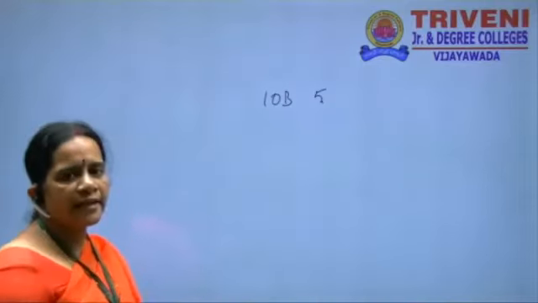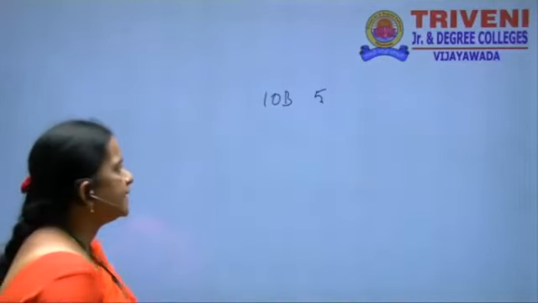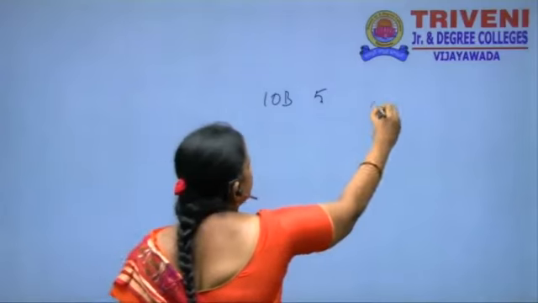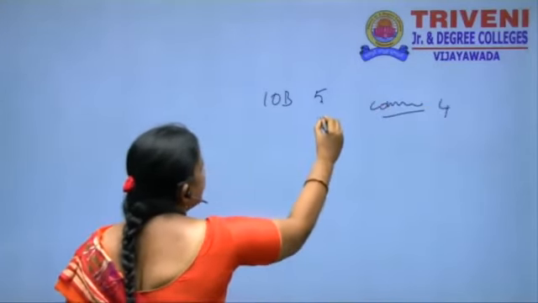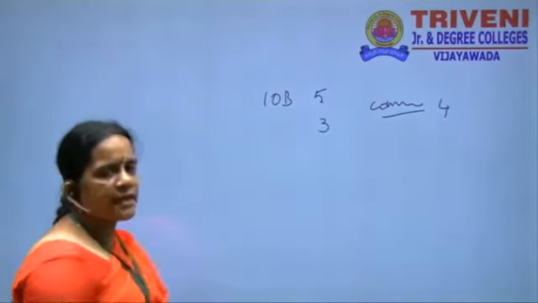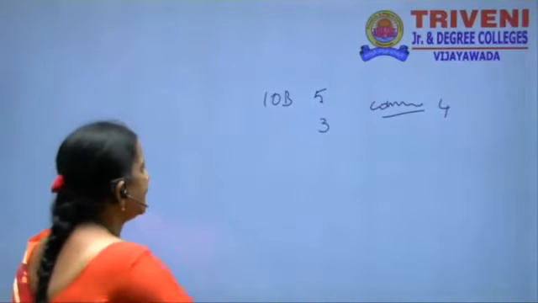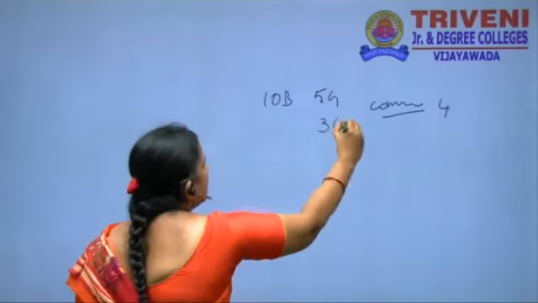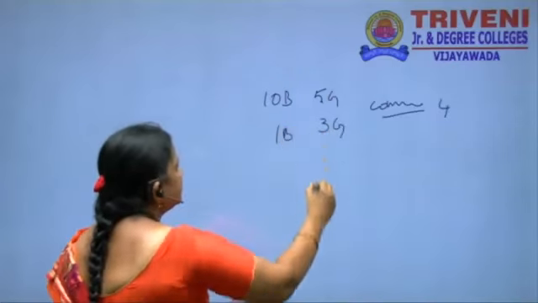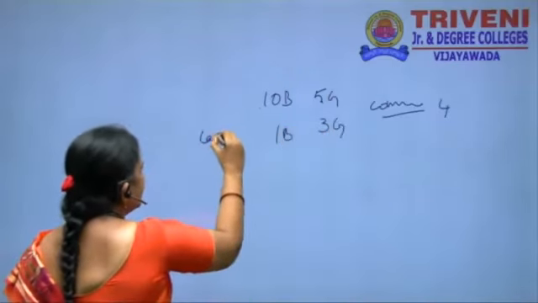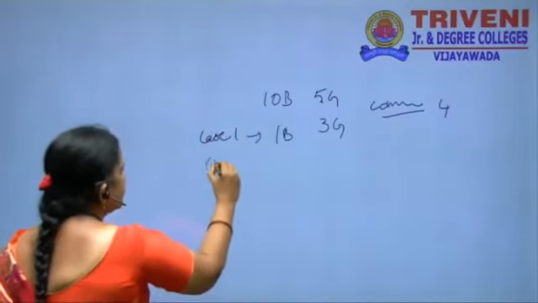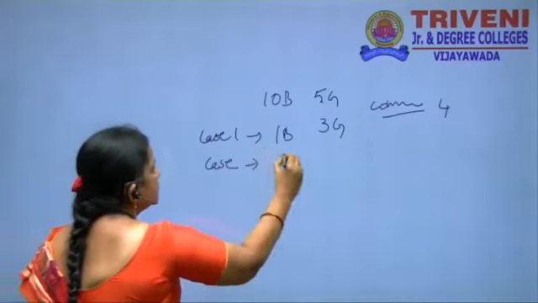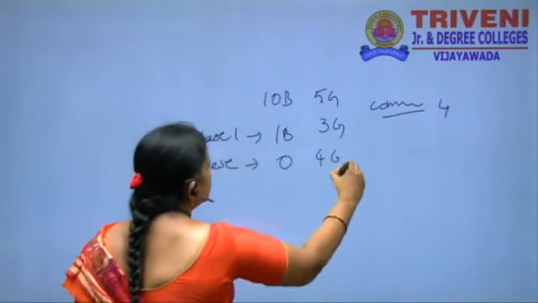We have to select at least 3 girls, but the committee has 4 members. At least 3 girls means in the first case we take 3 girls and 1 boy. Case 1 is 1 boy and 3 girls. Case 2 is 0 boys and 4 girls.